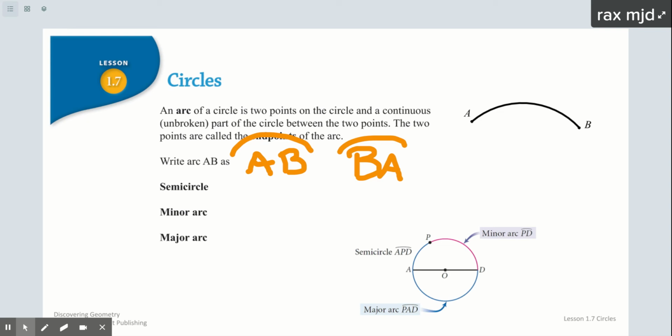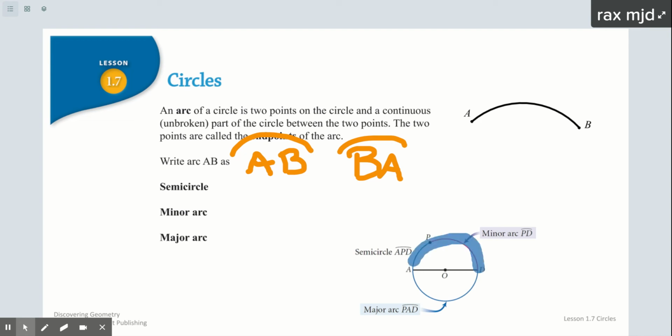A semicircle is an arc that's half of the circle. So that is a semicircle. And the one that they've actually named for you here is the one up top.